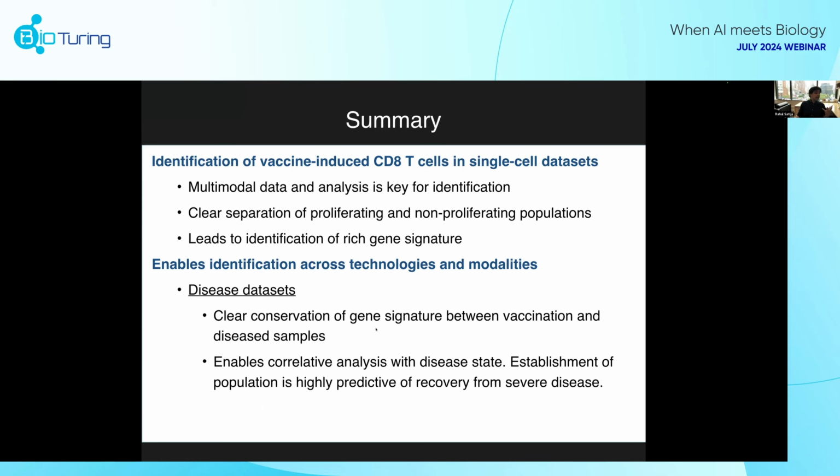And I showed you how we could identify these cells in disease data sets as well. There's a very clear conservation of the gene expression signature between vaccinated and disease samples. And that enables us to do a correlative analysis to explore how the frequency of the cell population varies as a function of disease state. And we find that the establishment of this population seems to be very highly predictive of recovery from severe disease.